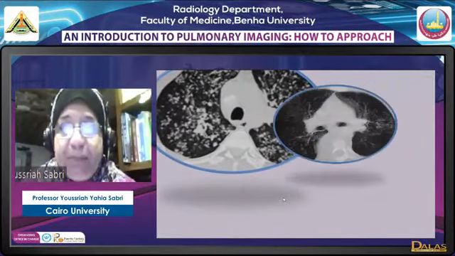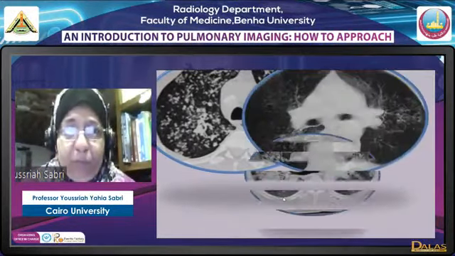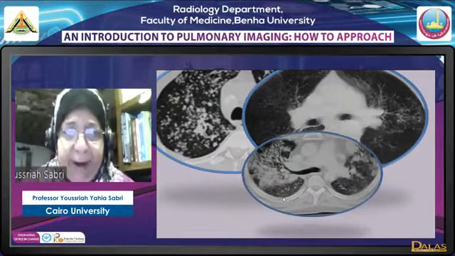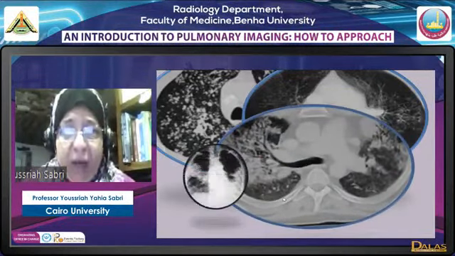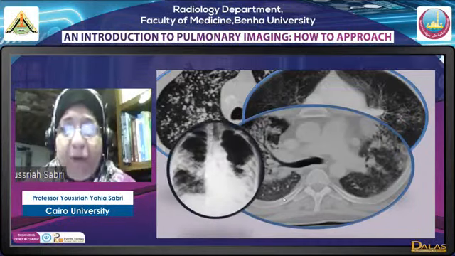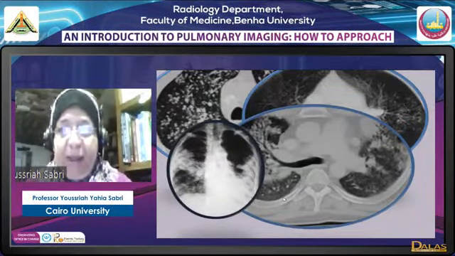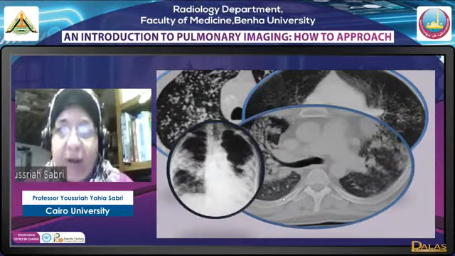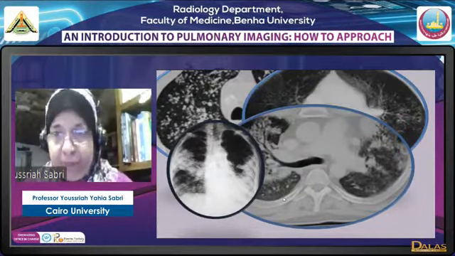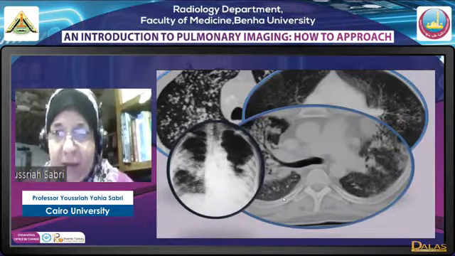Acinar opacities, patchy opacities with air bronchogram, patchy opacities without air bronchogram. And by the way, what's air bronchogram? Air bronchogram is when we see the blackness inside the bronchi surrounded by opacification. This opacity surrounding the air bronchogram means that I'm dealing with a lung opacity.